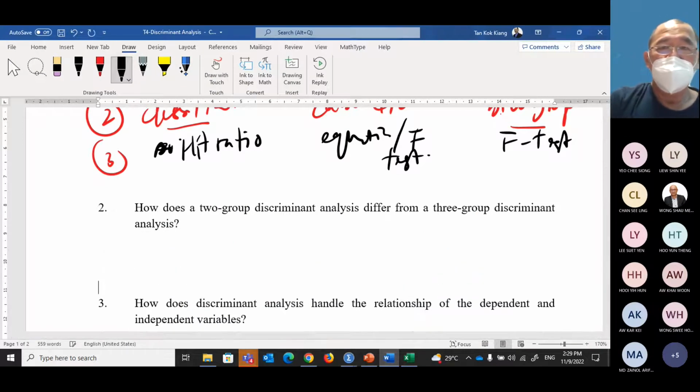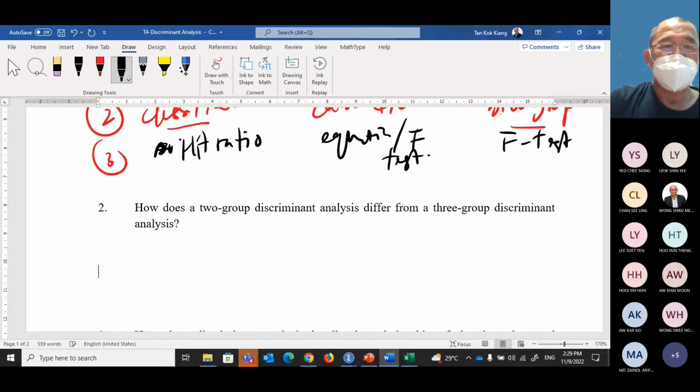Number 2. How does a two group discriminant analysis differ from a three group discriminant analysis? Is this related to the extreme groups you mentioned last time? Not necessarily.